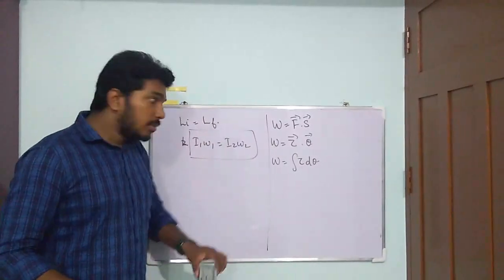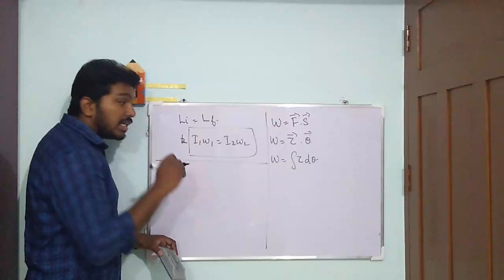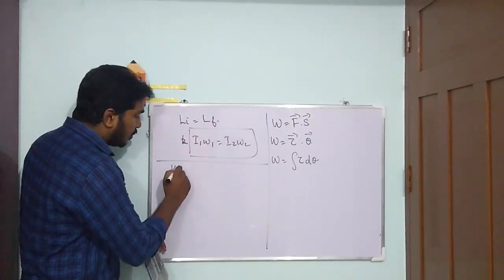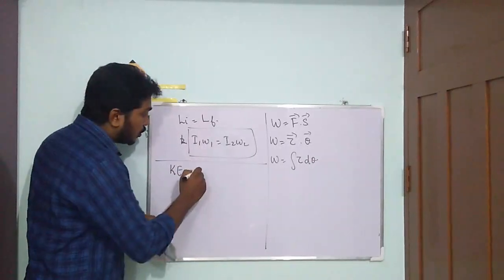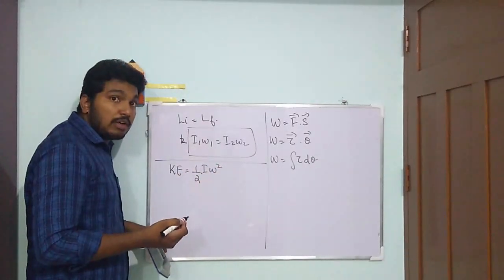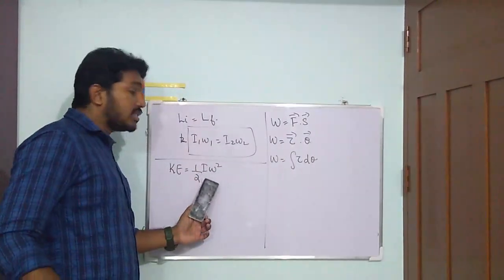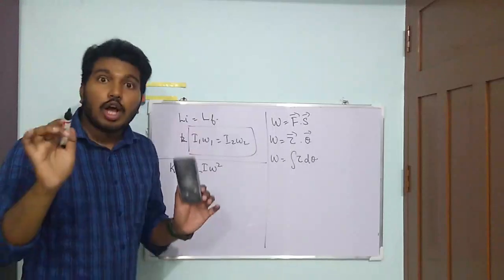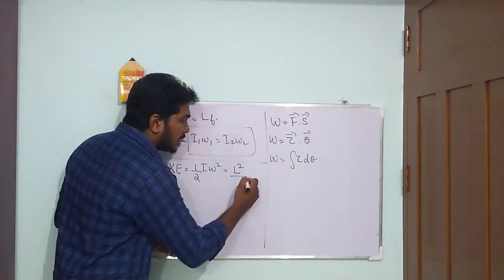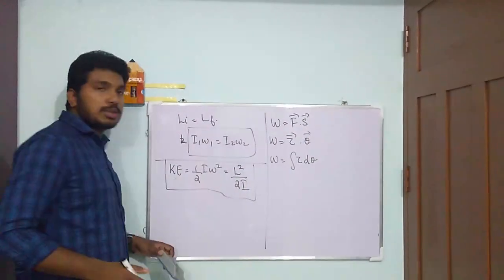Similarly, the kinetic energy equation. You know that kinetic energy is equal to half mv square. Here it will be kinetic energy is equal to half I omega square, where I is the moment of inertia and omega is the angular velocity. This is also equal to L square by 2I. These are again very important equations.